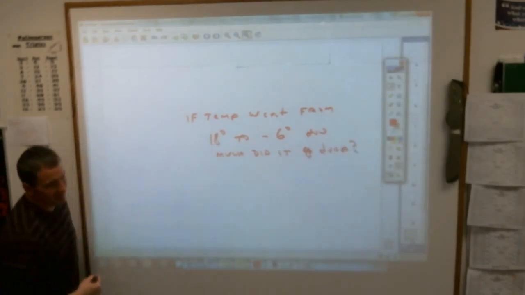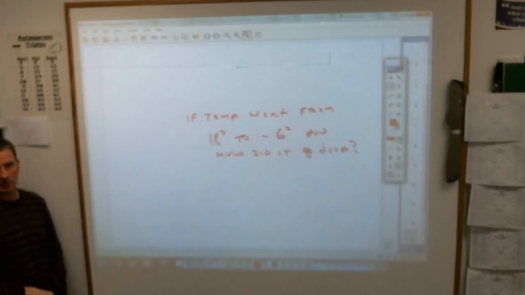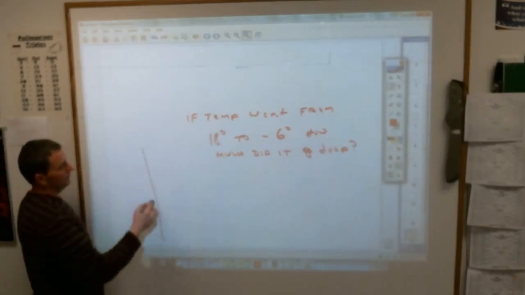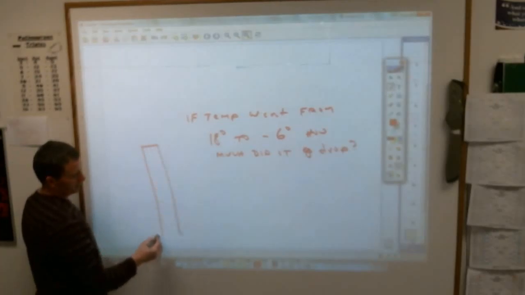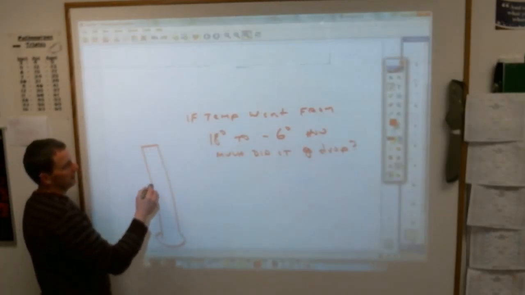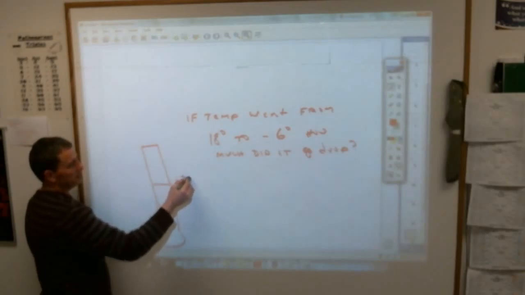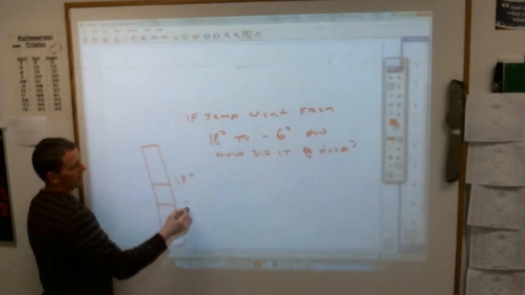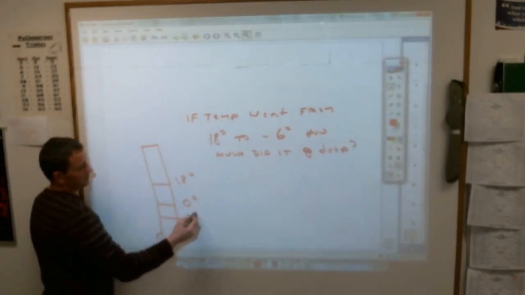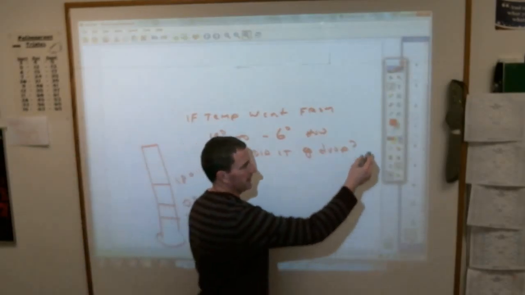The temperature started at 18 degrees and went to 6 degrees below 0. How much of a temperature change is that? If you draw this out, it went from 18 degrees, dropped past 0 degrees, and then went to 6 degrees below 0. How much of a change is that?